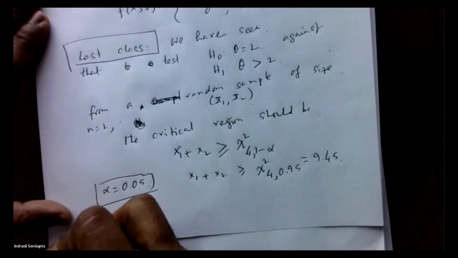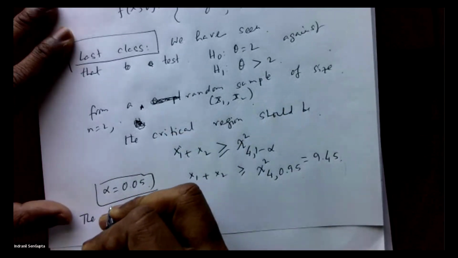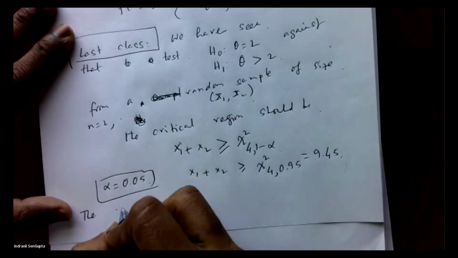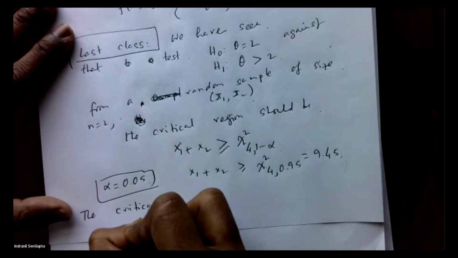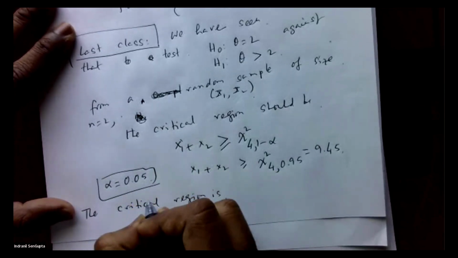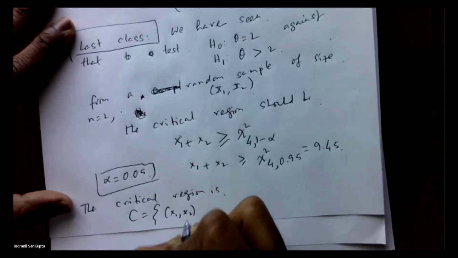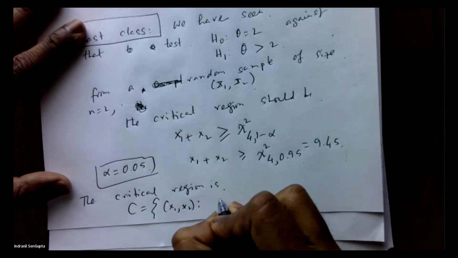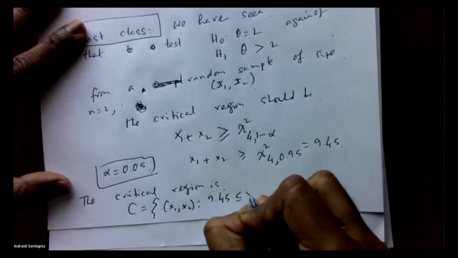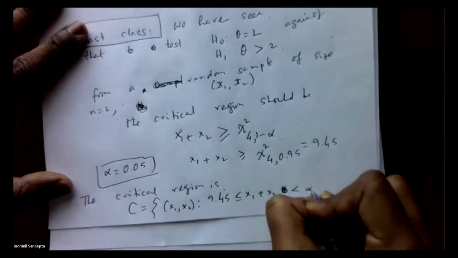The critical region is C, which is the set of x1 comma x2 such that 9.45 is less than x1 plus x2, less than infinity.